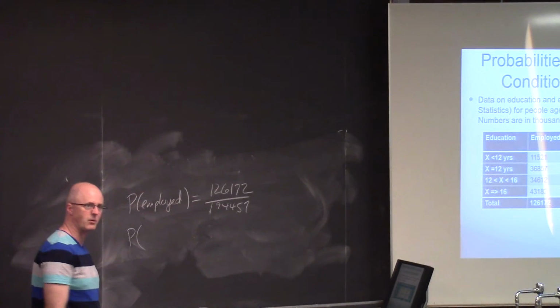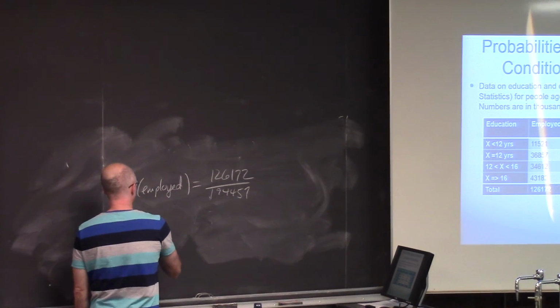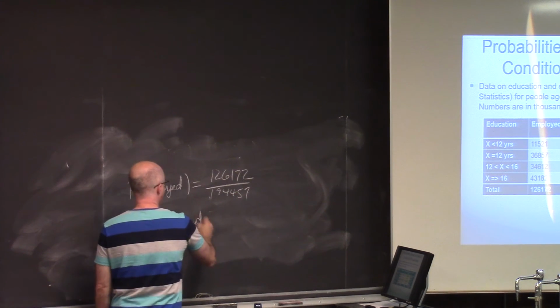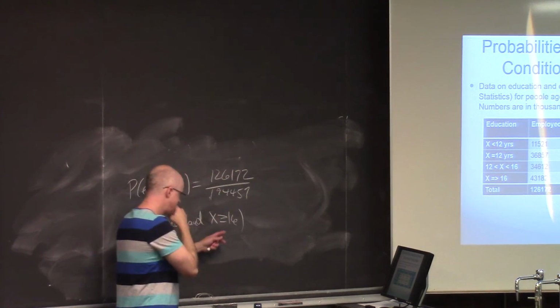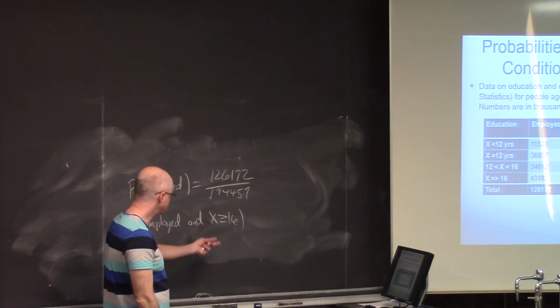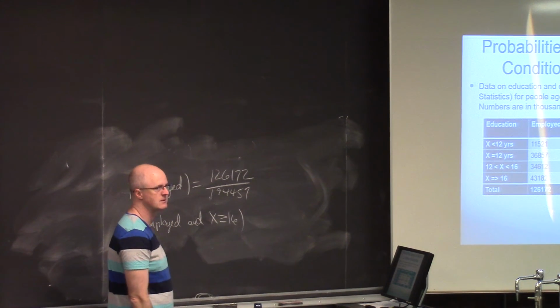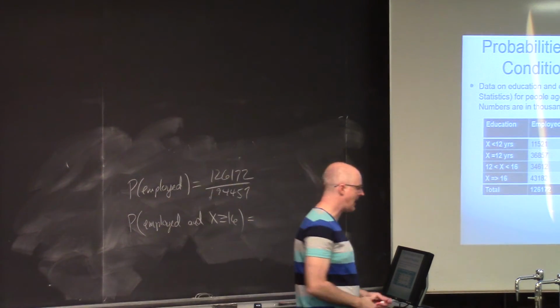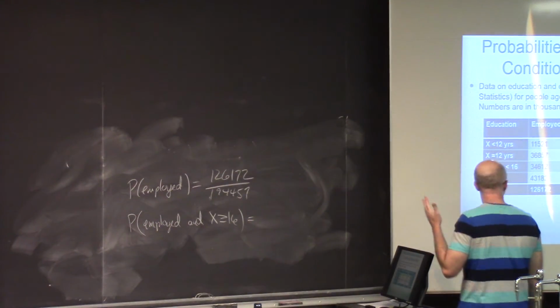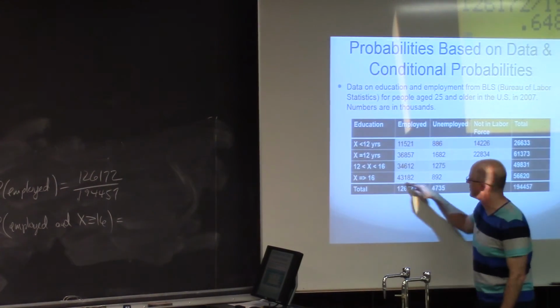Instead of the word or, I've got the word and here. They're employed and X is greater than or equal to 16, meaning 16 years of schooling or more. They've finished college and possibly have had some grad school. The word and, not or. That word and is just narrowing it down to just this group of people right there.